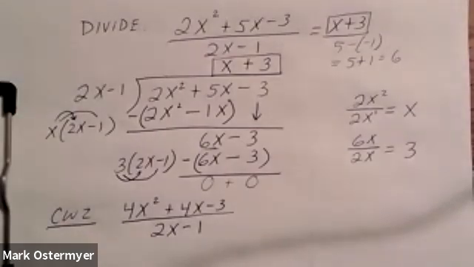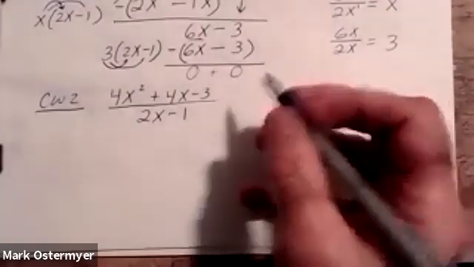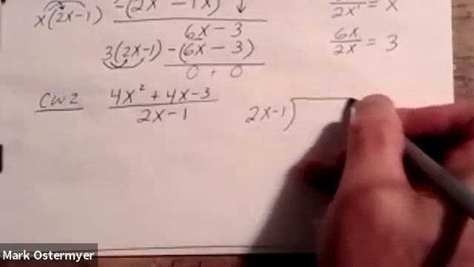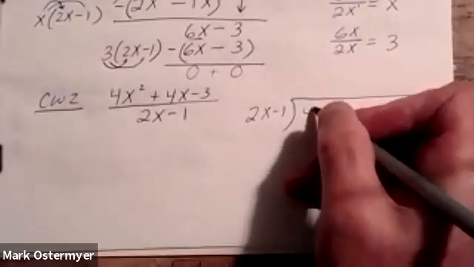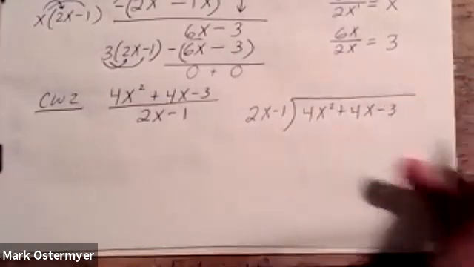Well, this one's very similar to the last one, but there's a slight difference, obviously. Let's see if we had any success. 2x is your divisor. Your dividend, 4x squared plus 4x minus 3.